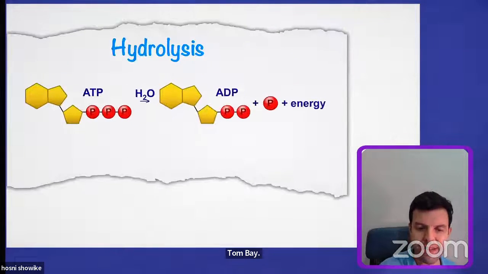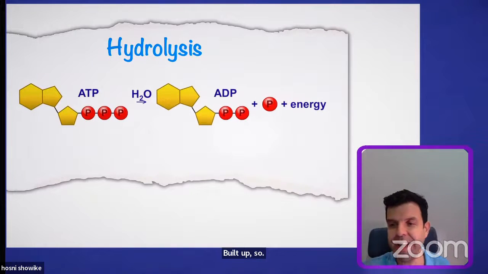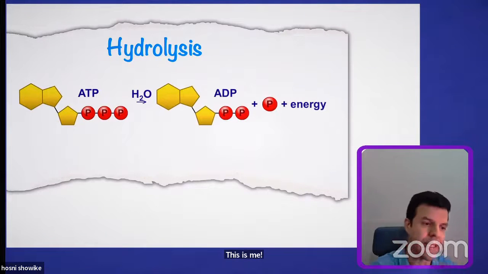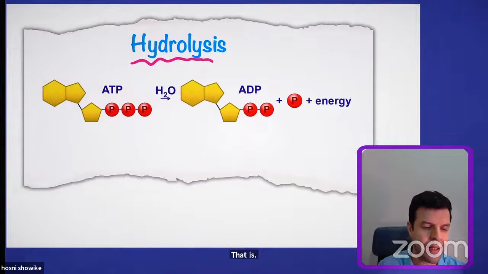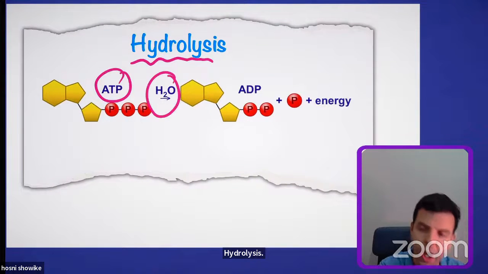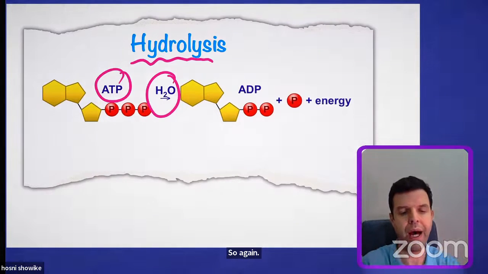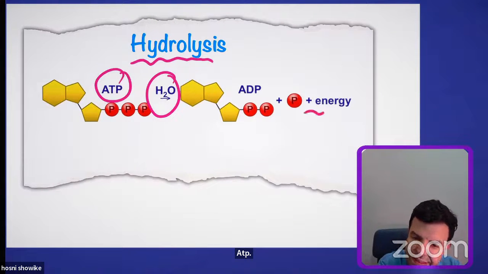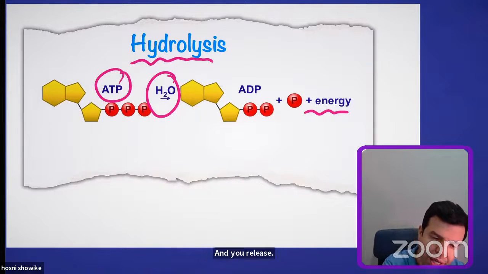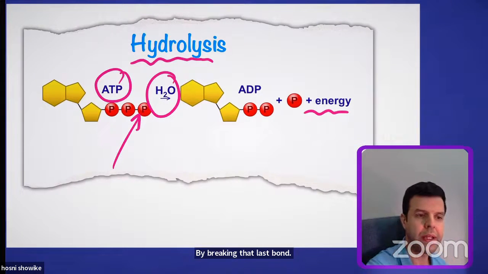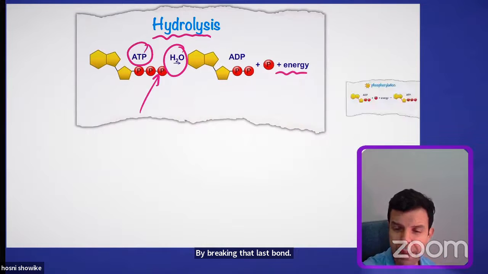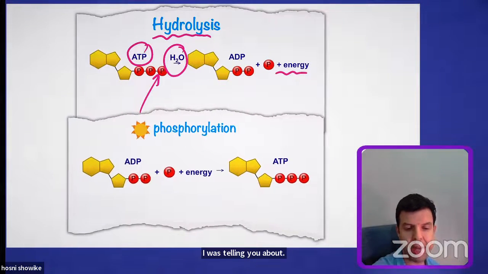So this is me taking ATP and breaking it down. That is hydrolysis. So again, ATP, you add water to it and you release energy by breaking that last bond I was telling you about.